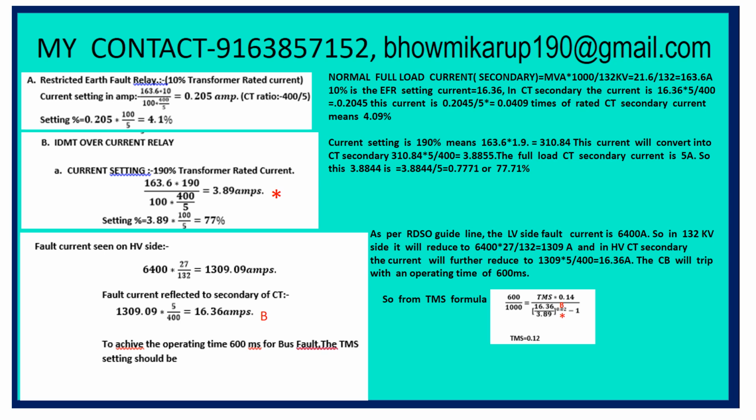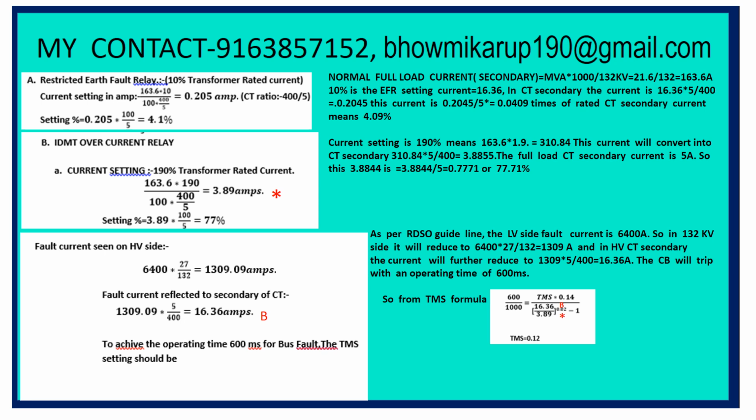It is to the power 0.02 minus 1, and it is giving a time multiplier setting of around 0.12. So you can set your time multiplier setting at 0.12. But you have to calculate it. Then only you can fix it.